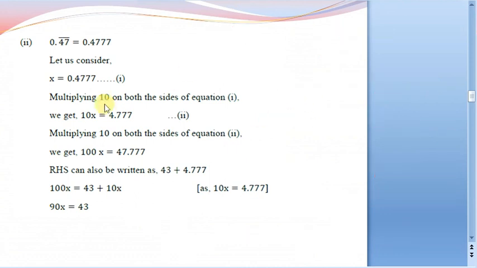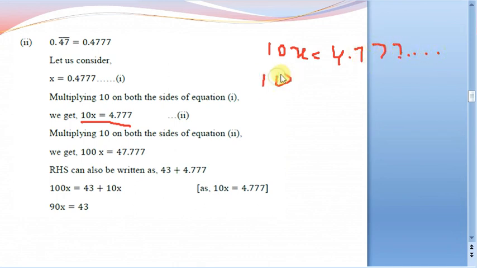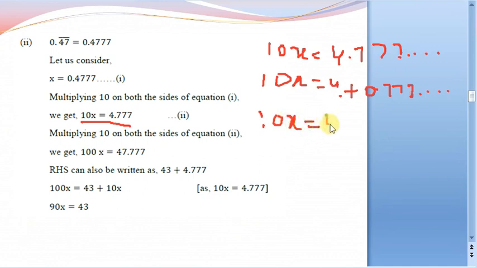There is one more way of solving the same, using what we have seen earlier. At this step we have 10x equal to 4.777, which is what we did while dealing with the concept. Now, can't we write 10x as 4 plus 0.777 and so on?